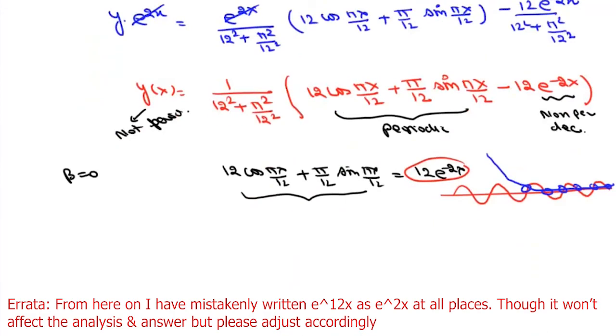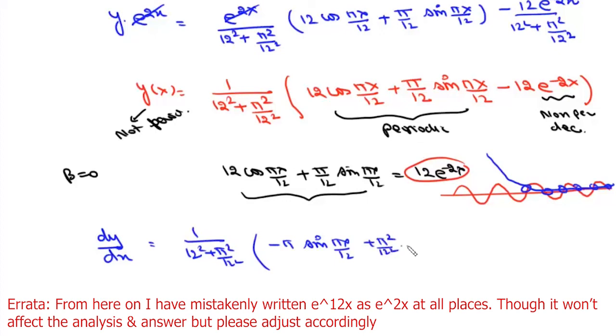Now, if we differentiate this curve, dy by dx will be 1 upon 12 square plus pi square upon 12 square, times pi minus sine pi x by 12, and here it will be pi square by 12 square cos(pi x by 12), plus 24 e to the power minus 12x equals 0.